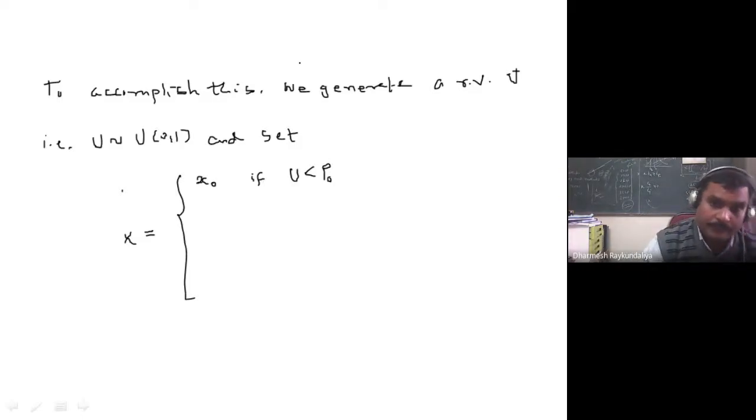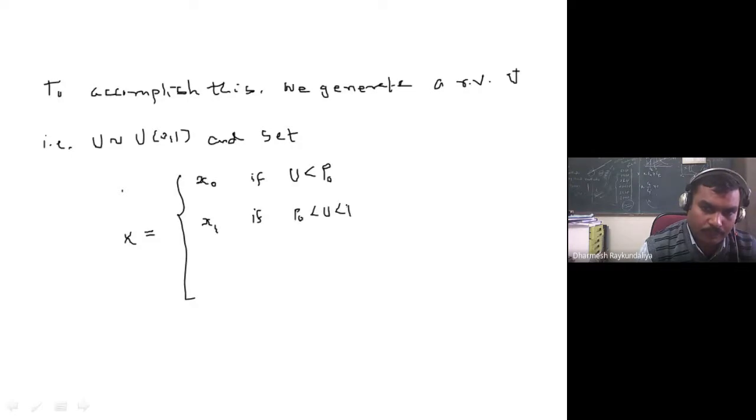The random variable x takes value x1 if u lies between p0 and p0 plus p1. So every time you have to calculate the cumulative probability. If your random number u lies between p0 and p0 plus p1, then set x equal to x2.